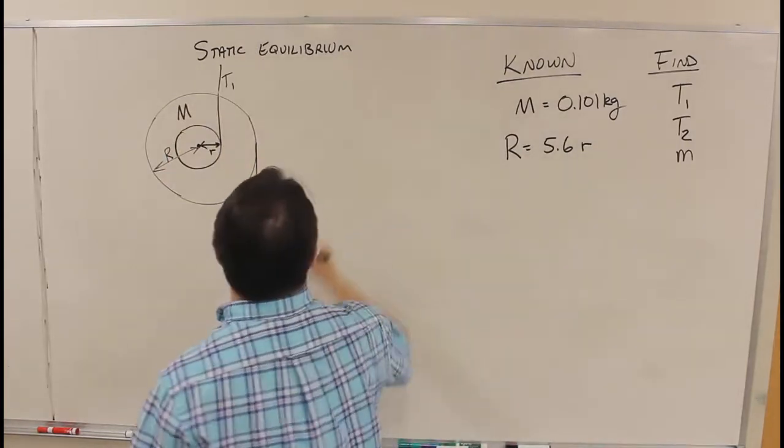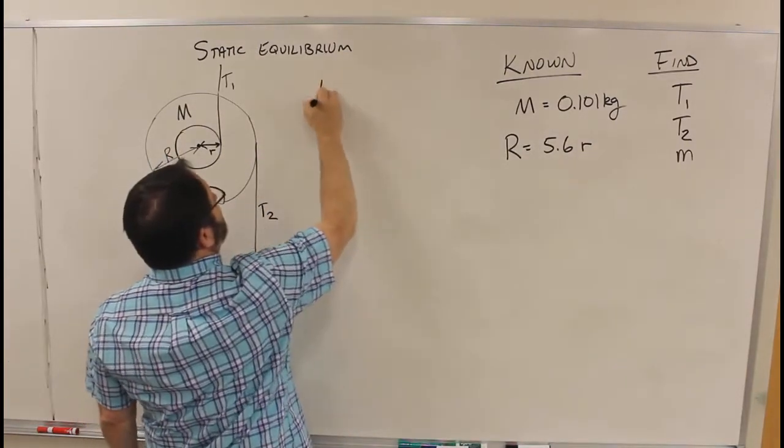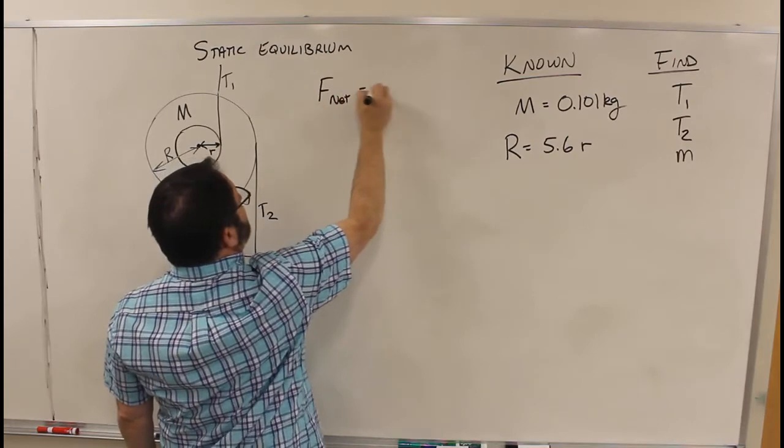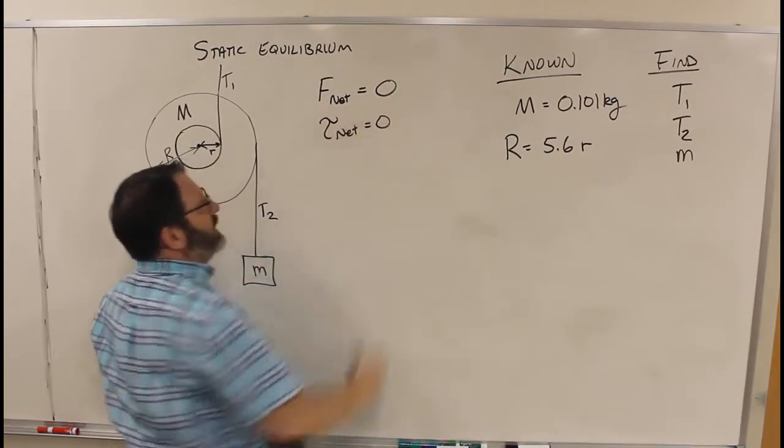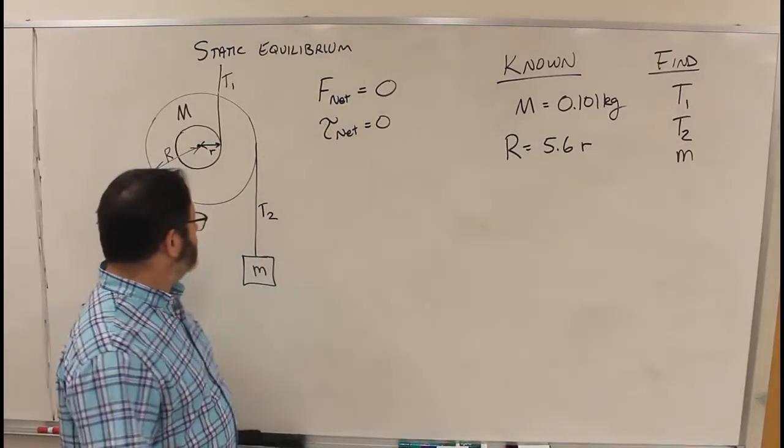So static equilibrium means net force is 0 and net torque is 0.